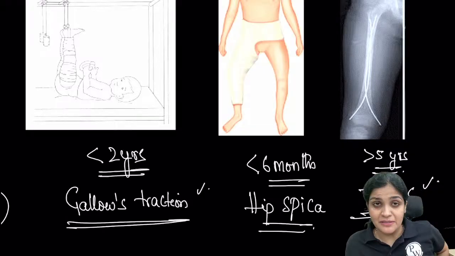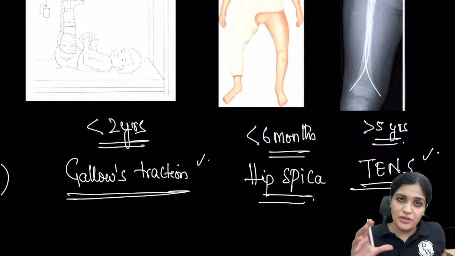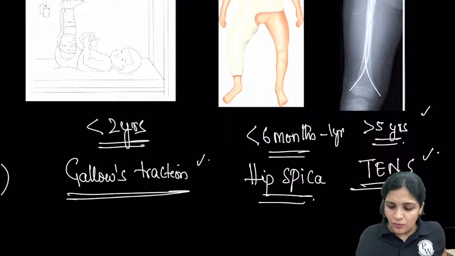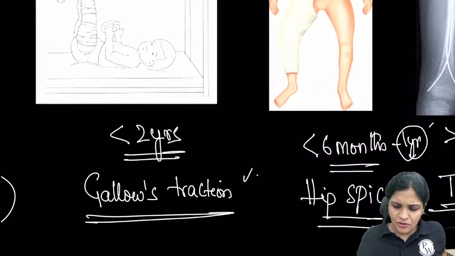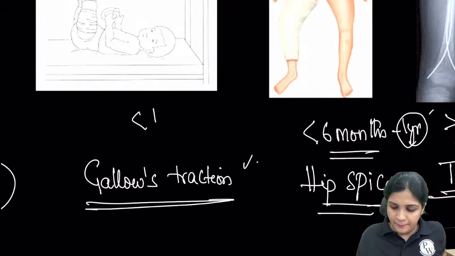These are titanium elastic nailing system. So they also tend to increase, right? Whenever the bone is growing, they accommodate the growth of the bone. So if the patient is more than 5 years, you go for TENS nailing. 6 months to 1 year, you can go for your hip spica. If the patient is an infant, you can go for gallows traction. Sorry, this is less than 1 year.